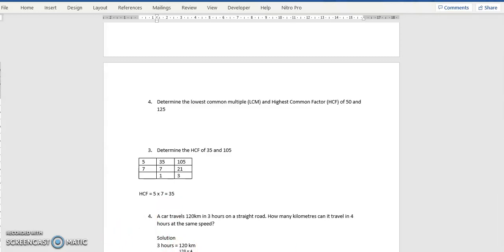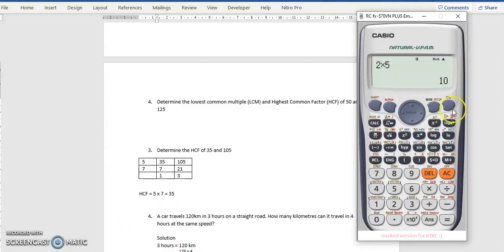Let's take our calculator here, Casio. You find numbers that can divide 35 and 105 without a remainder. I said you don't use 1. So we can use 2.